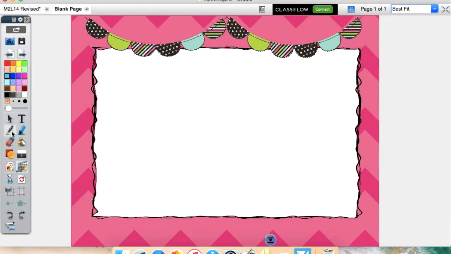We're going to start by making a G that fills up the whole area that you have to write in. And this G, do you know what it stands for? Gallon.